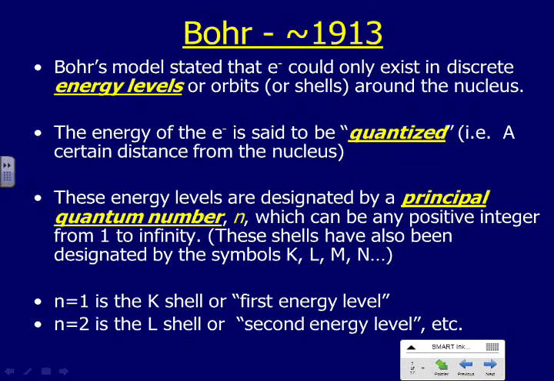Scientists before 1900 felt that energy was continuous. You could have any value for energy, that you could have 1.2 joules or 1.21 joules or 1.22 joules. There was no break in the values of energy that you could have. You could have whatever energy that you needed.